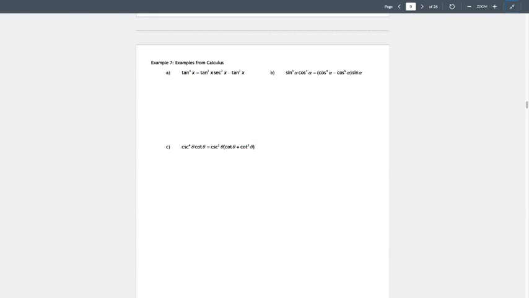Okay, on this next one, I'm probably going to work with the right-hand side. So we've got tangent to the fourth x equals, I'm going to factor out my greatest common factor, which is tangent squared x. And then I'm left with secant squared x minus 1. Remember your Pythagorean identity.